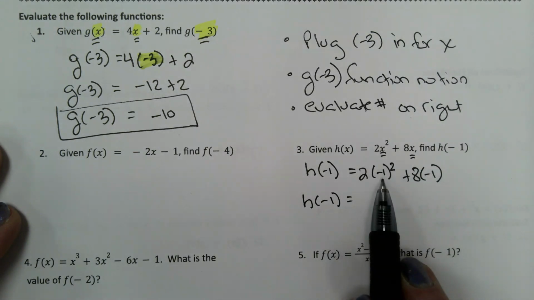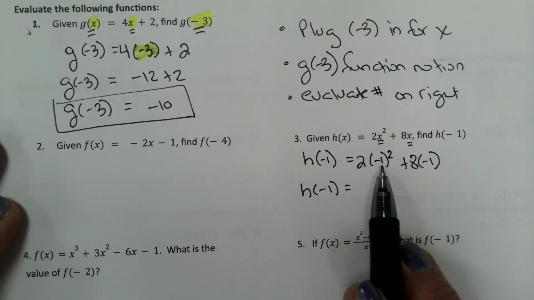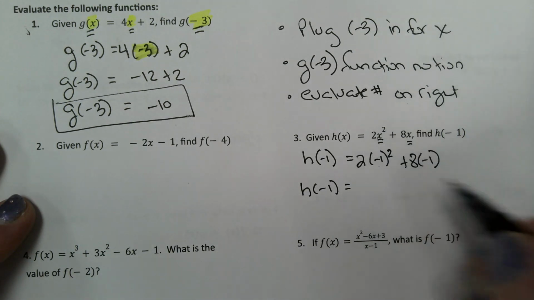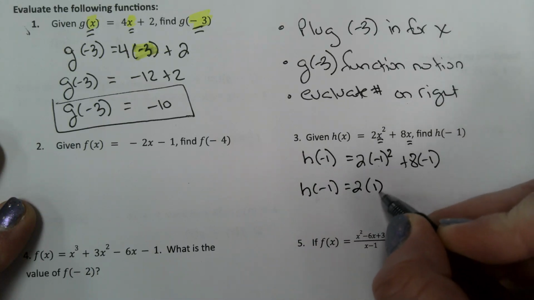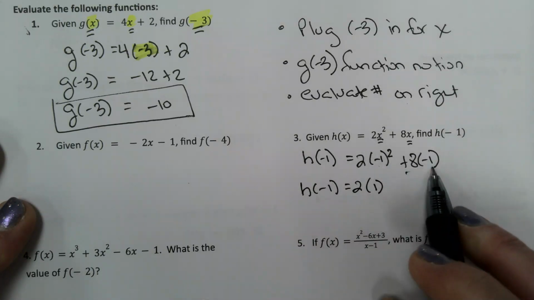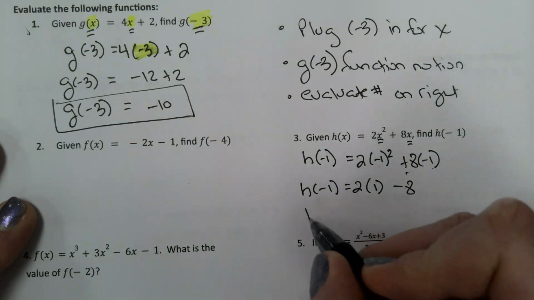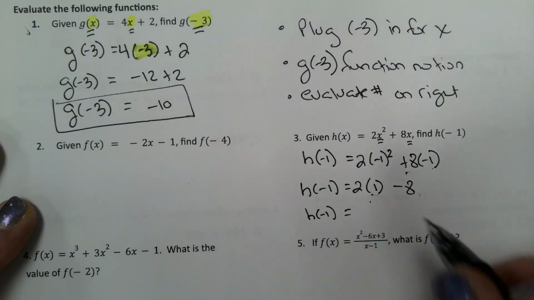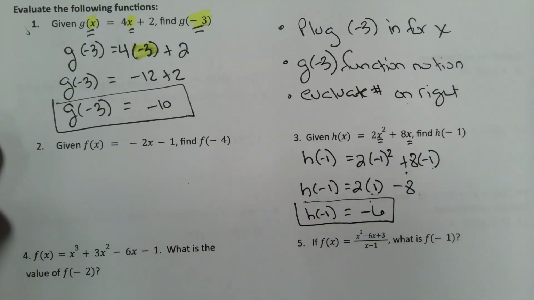Sometimes when I put in a negative, students do not do the best job, but if you entered this exact string into your calculator, it would be able to handle it. I'm going to do it manually. I know that -1 squared is +1, and 8 times -1 is -8. h of -1, 2 times 1 is 2, 2 minus 8 is -6. That is how you evaluate a function.